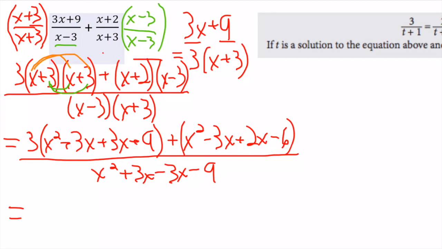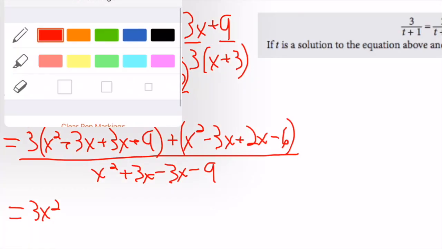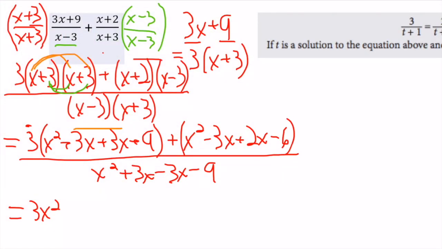Okay, so now I'll distribute in this 3 here. So I have 3x squared. I can combine these two together, and that'll give me 6x, and I'll multiply that by 3, so just to save some time, 18x plus 27.